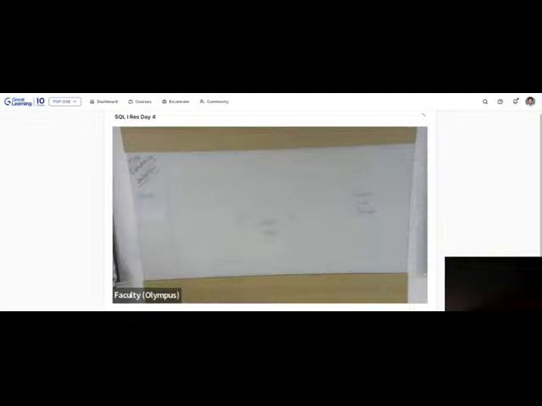If you go to the model and select this, you will notice that ID in the customer table is related to the customer ID, which is the foreign key in the orders table. So how should I join these two tables? Join customers and orders on customer.id equal to orders.customer ID.